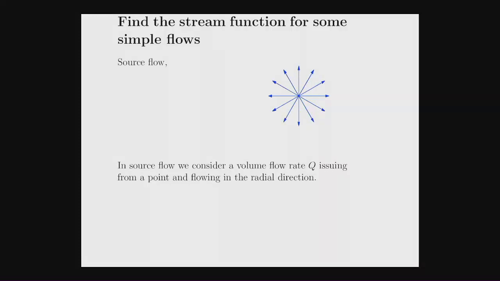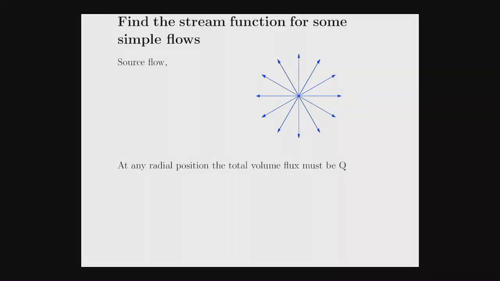As you can see here, it's moving radially outwards. That's a source. And the azimuthal velocity u theta for a source is 0 by definition. Now, at any radial position, the total volume flux must be equal to Q. That's just conservation of mass.